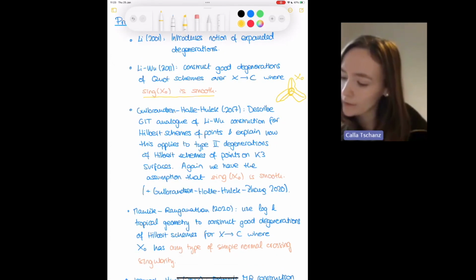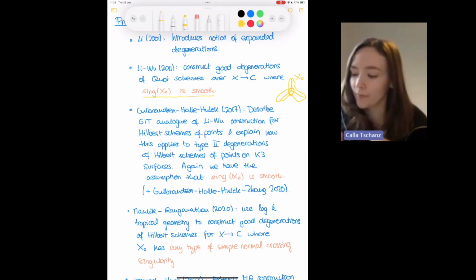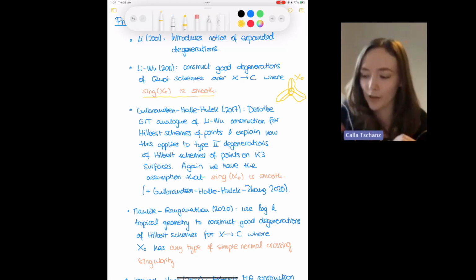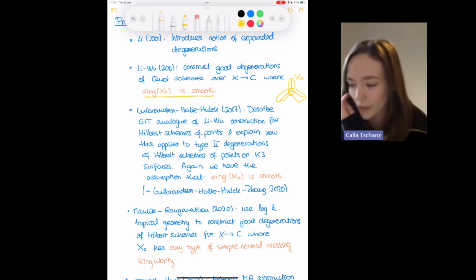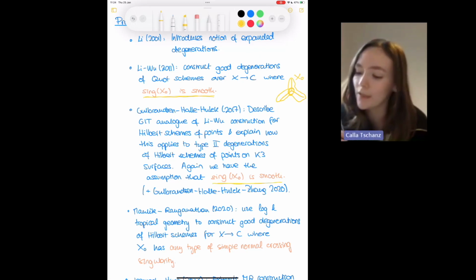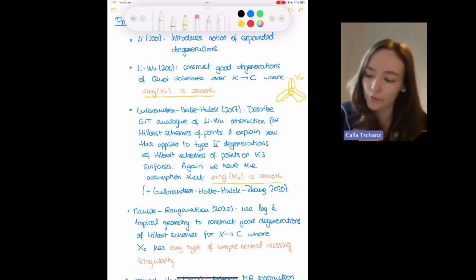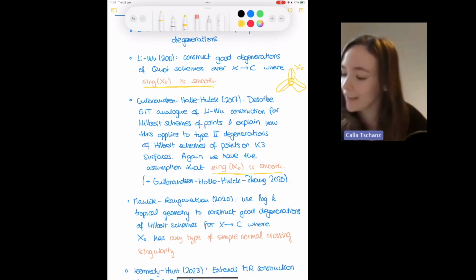And then in 2017, Gulbrandsen, Halle, and Hulek described this GIT analog of the Li-Wu construction. They do this specifically for Hilbert schemes of points because they're trying to show how this works for the K3 surface case. If you have this restriction that Li and Wu have, you're not in the maximally degenerate K3 case, but in the type 2 degeneration case, so it's the slightly less degenerate case.